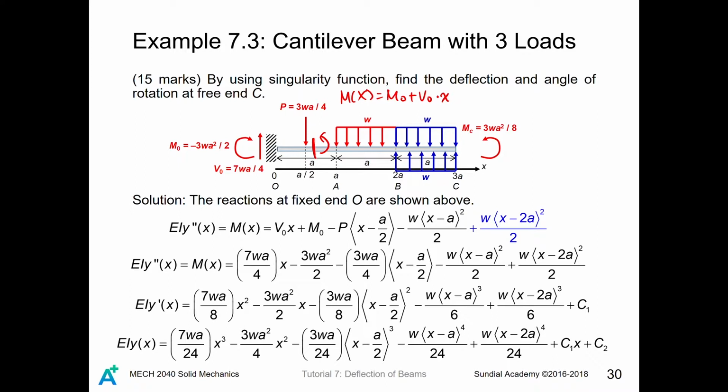But we have to bear in mind that the moment generated by P equals P times x minus a divided by 2. Notice that this term, P times x minus a over 2, only occurs after a divided by 2. So we can rewrite this round bracket as a corner bracket.